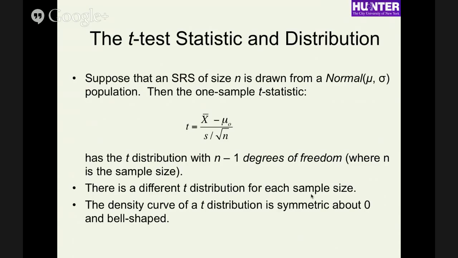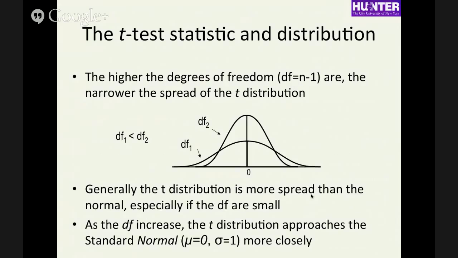So there is a different t-distribution for each sample size, but all of them are symmetric about 0 and all of them are bell-shaped. So they look kind of like a normal distribution, but the thing is that they're wider than the normal distribution. And the fewer degrees of freedom, the wider it is.